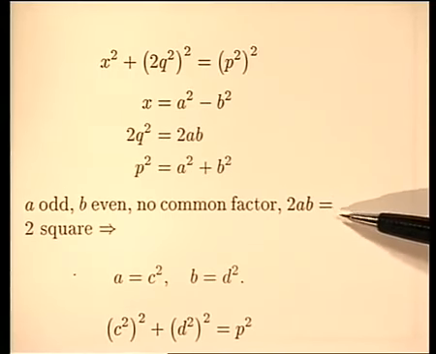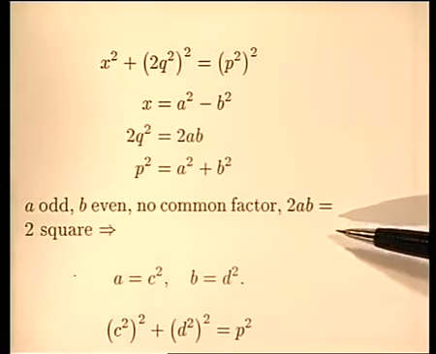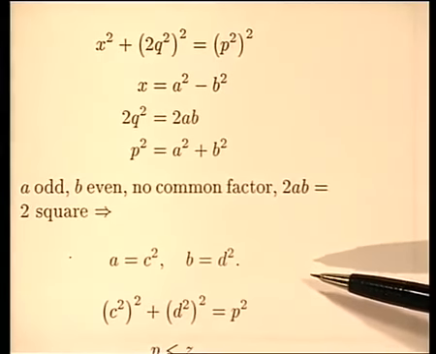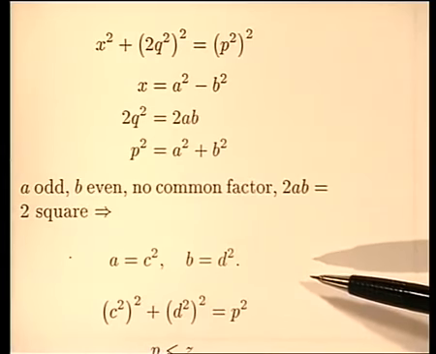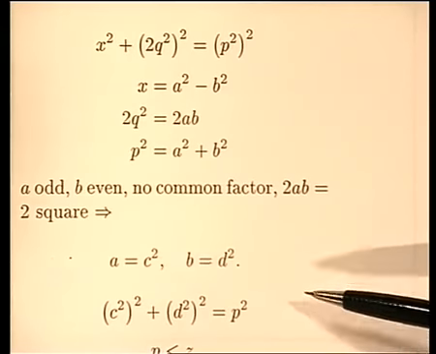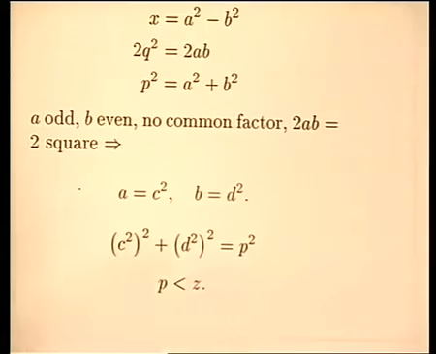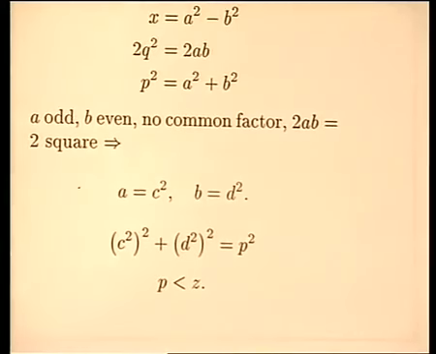Now 2ab is twice a square, so a and b must both be squares, say a equals c squared and b equals d squared, and we show that c squared, squared, plus d squared, squared, is equal to p squared, where it's now easy to show that p is less than z.